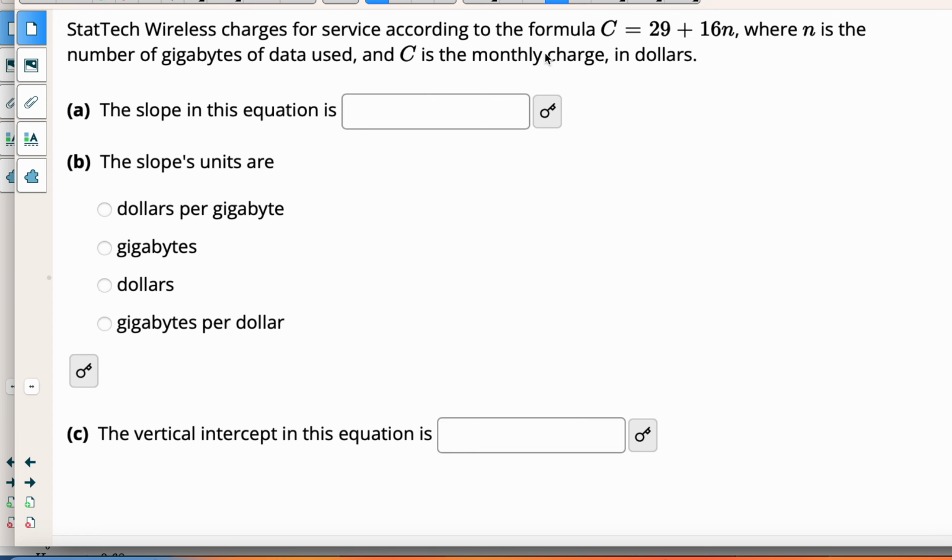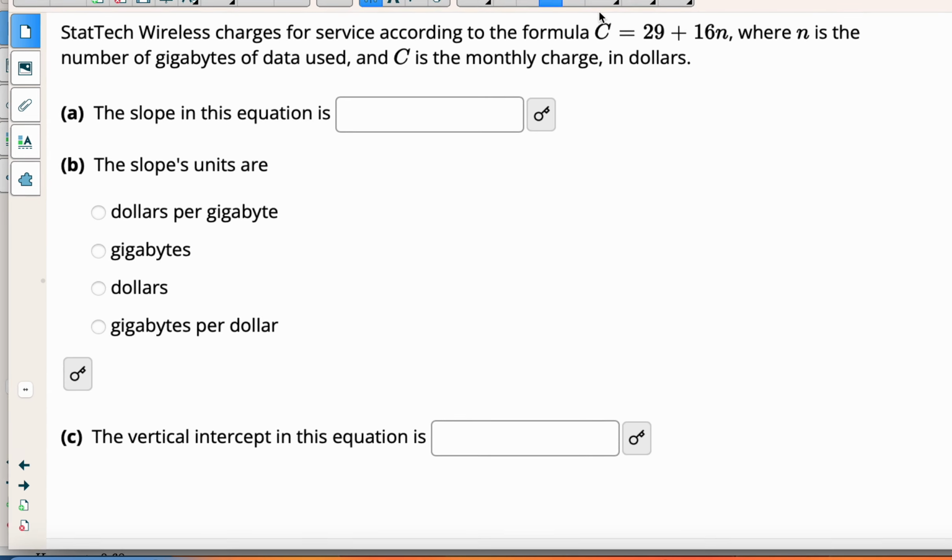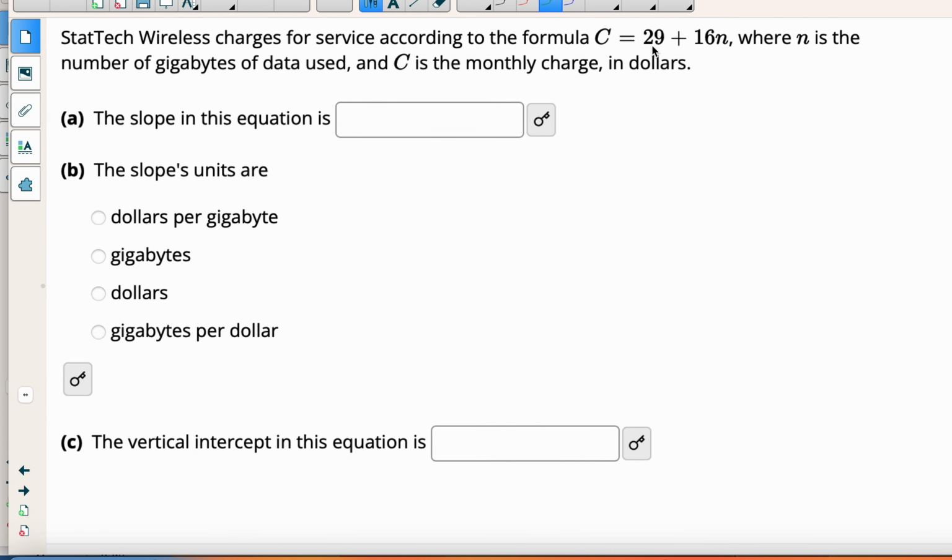All right, here's another example. We have this wireless charge service that has this formula: C equals 29 plus 16N. N is the number of gigabits used. C is the monthly charge.